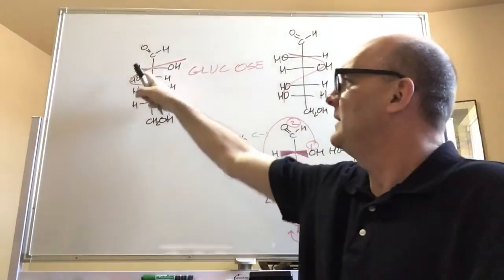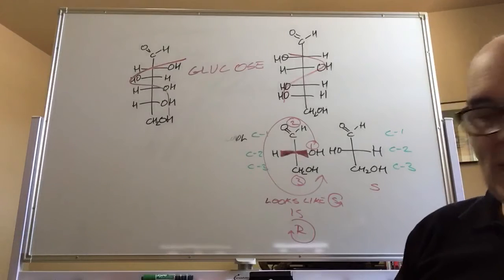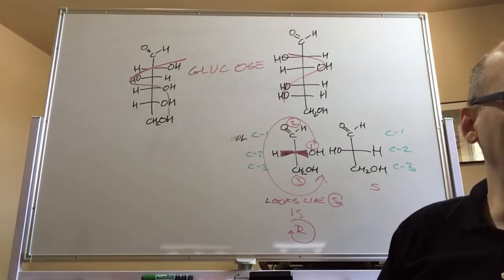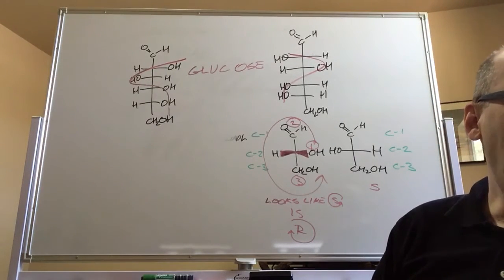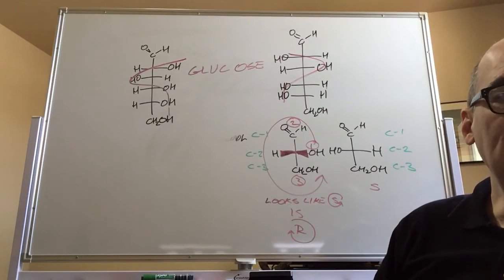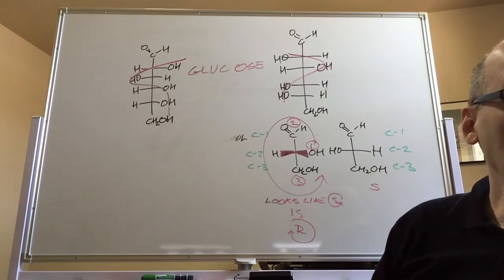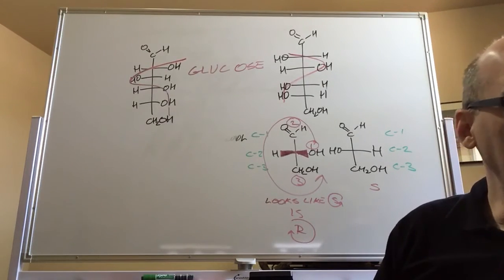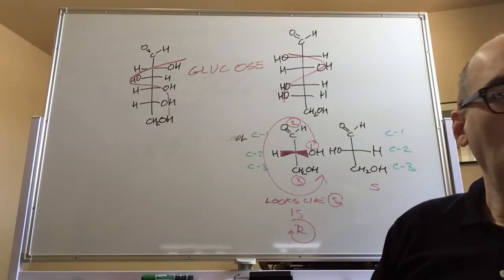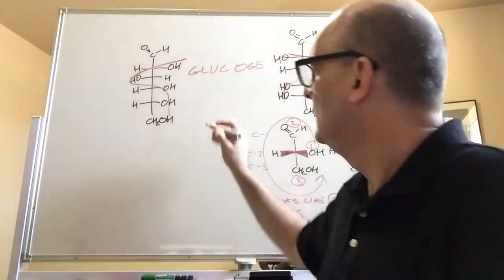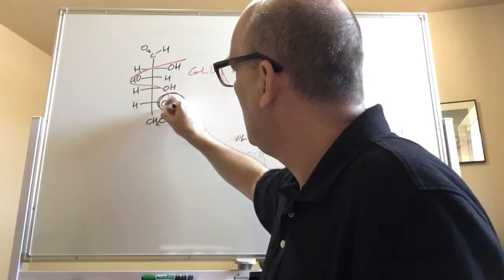This molecule and that molecule both have the same relationship of alcohol groups. So these both end up being glucoses. Only we count this one.